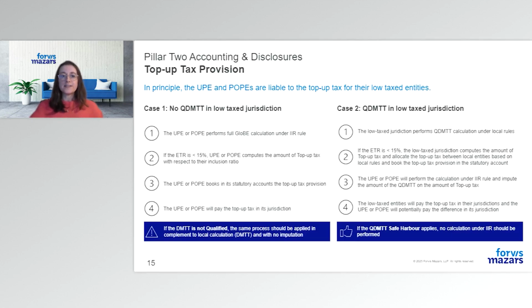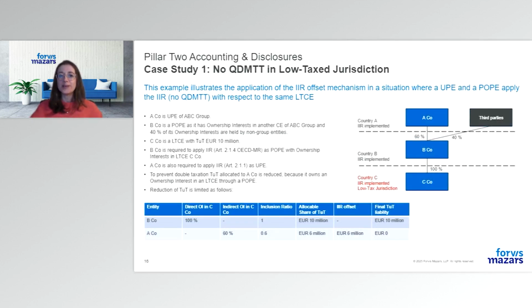This said, I will move on to a little case study. We have two. We have one for the case where no QDMTT in the low tax jurisdiction is applicable, and then the other case with the QDMTT. So let's look at that. We have ACO in country A that is participating with 60% in BCO in country B. Both country A and country B have the income inclusion rule implemented.